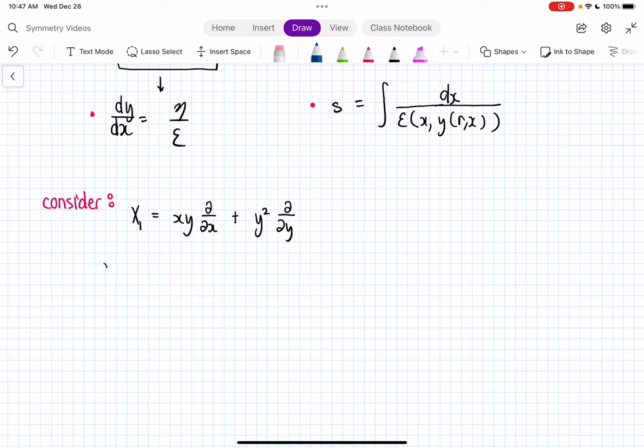We then write dy dx equals, and this will simplify.